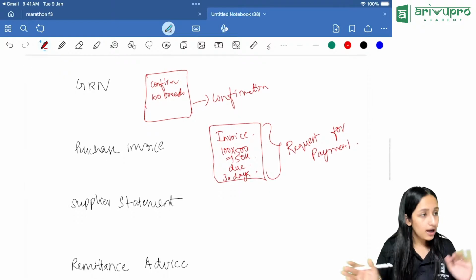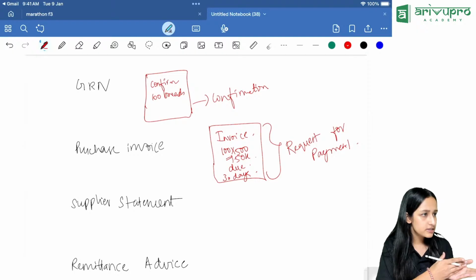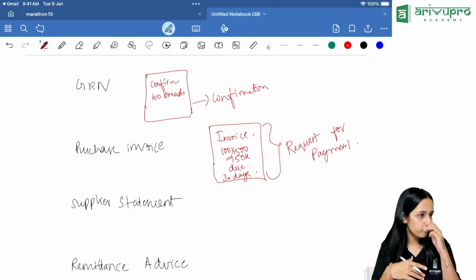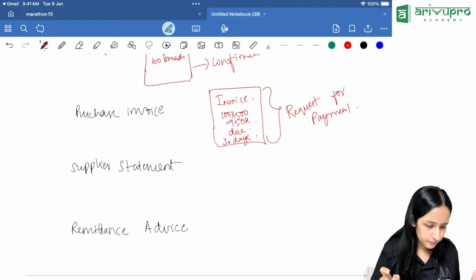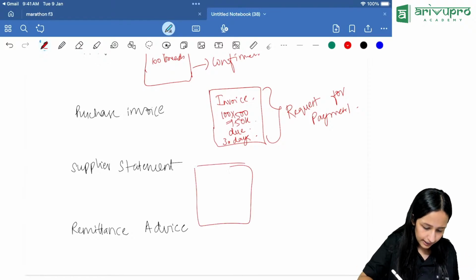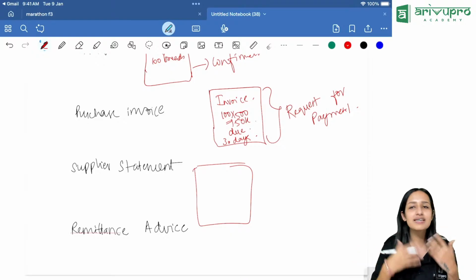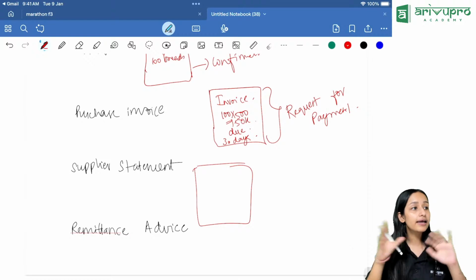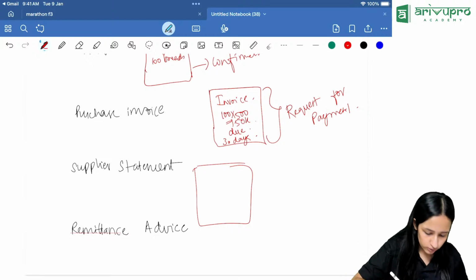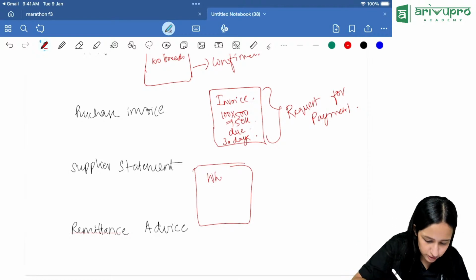Right. Now, after a request for payment is sent to Mr. Ryan, who is the owner of the company, what will he do after a week or something? Let's say Reynolds again. So now he has already sent the payment invoice. He has nothing left to do. So he's like, okay, fine, it's going to be the month end. Let me again remind him that he needs to pay me. So in the supplier statement, whatever purchases have happened.